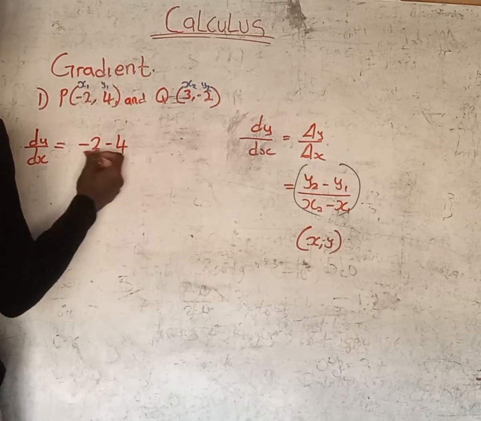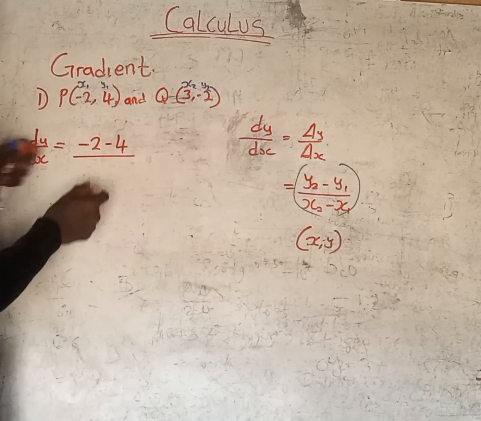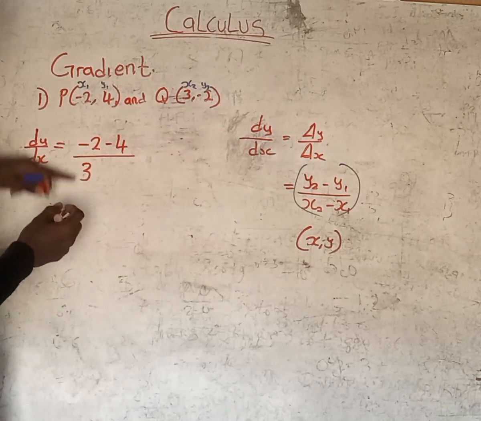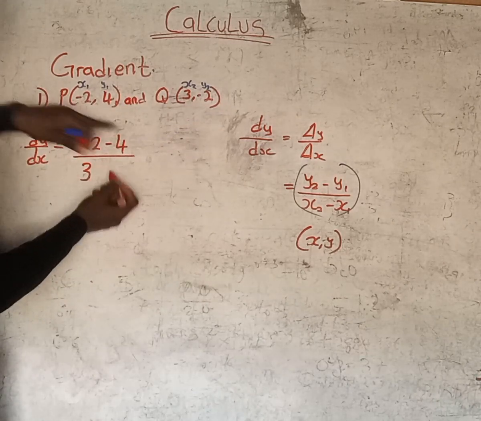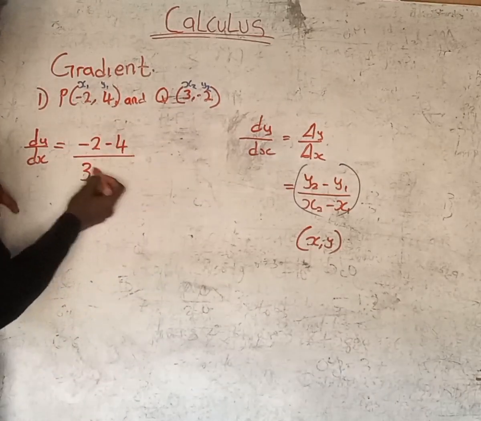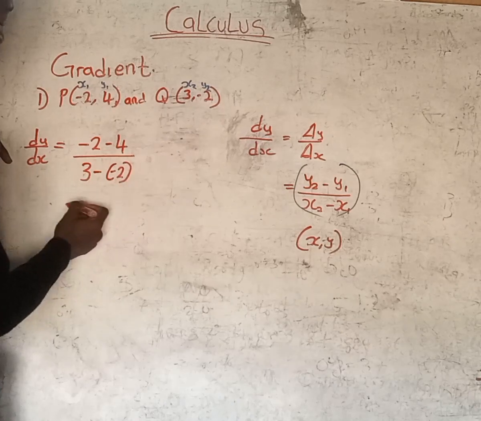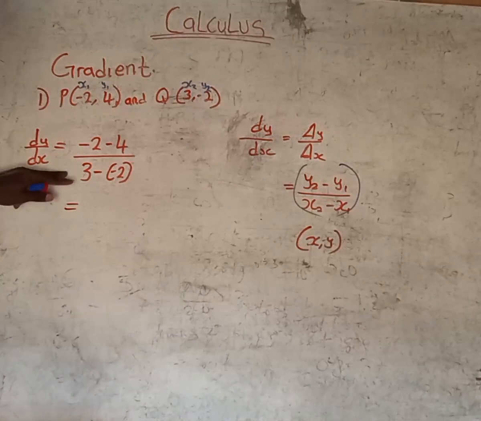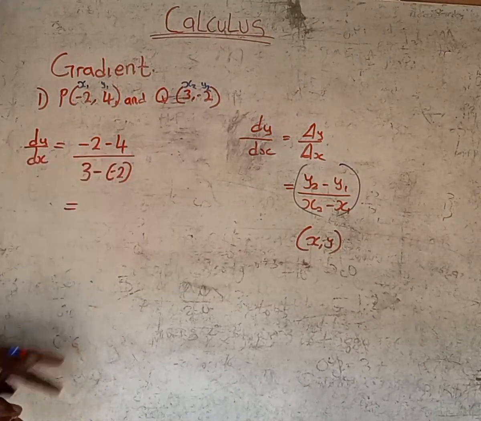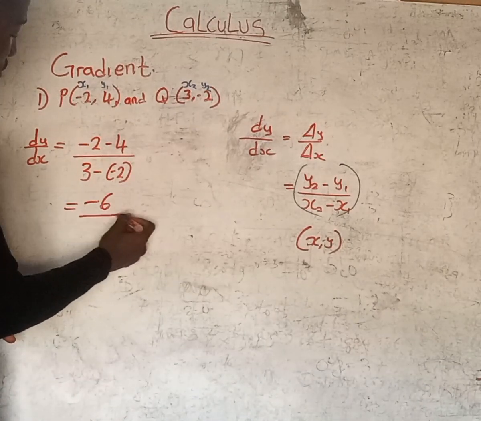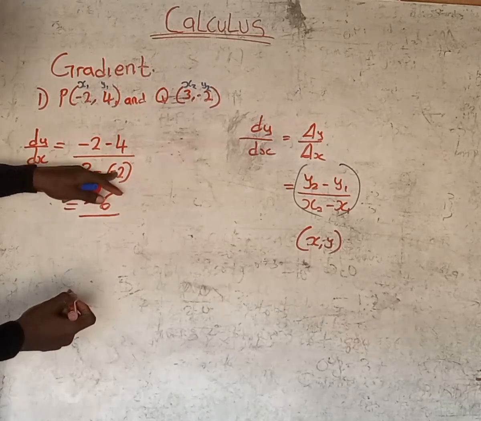So I'm going to have minus 2 minus 4 all over x2, which is 3, minus bracket minus 2. So if you look at this, minus 2 minus 4 will give us minus 6. So we are going to have minus 6 all over 3 minus minus 2.